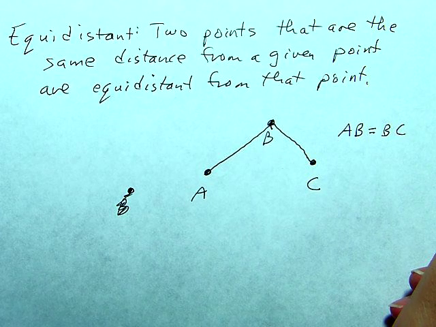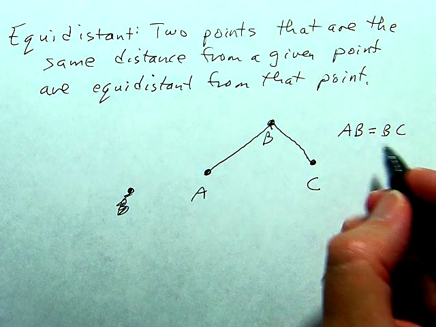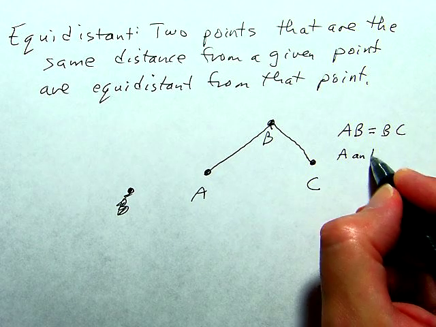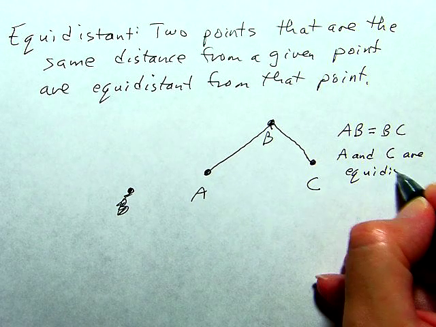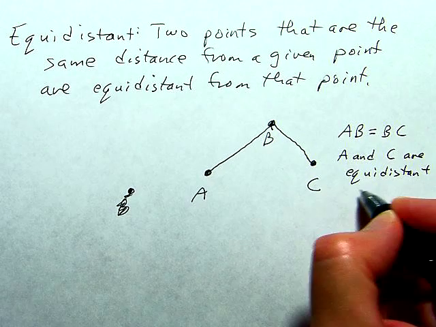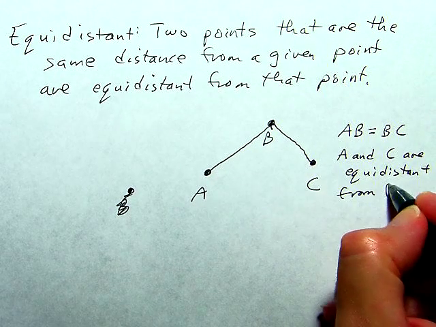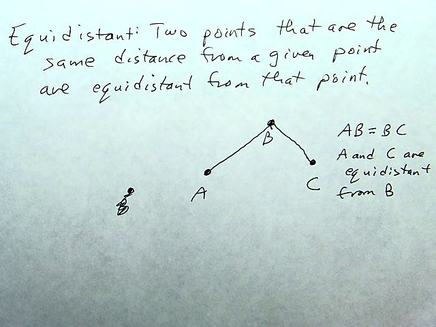If that is the case, then we say that A and C are equidistant from point B.